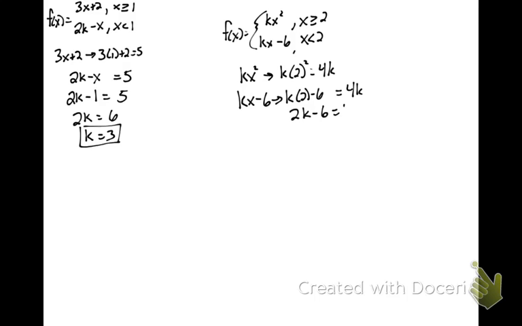And if I solve this equation for k, I will find that this happens whenever k has a value of negative 3. Or more importantly, another thing that I'm saying is that f of x is continuous when the rule is negative 3x squared whenever x is greater than or equal to 2, and when the rule is negative 3x minus 6 whenever x is less than 2.